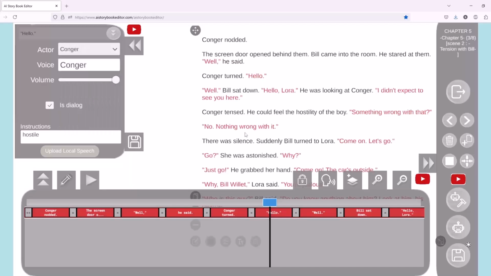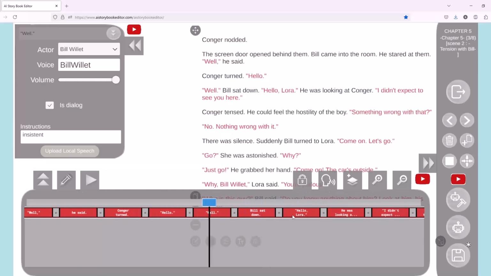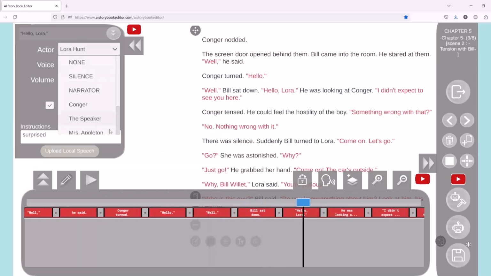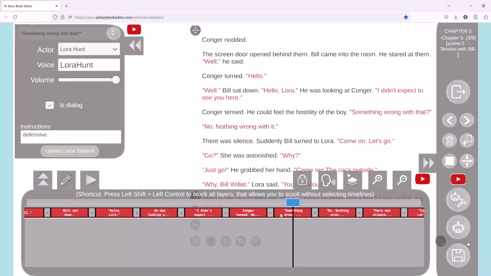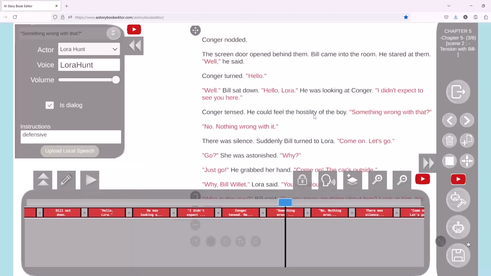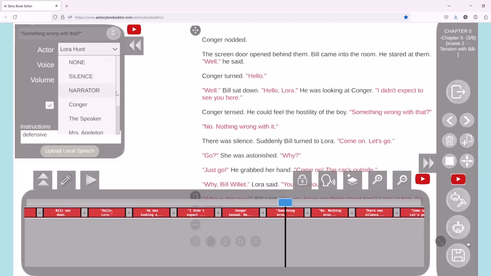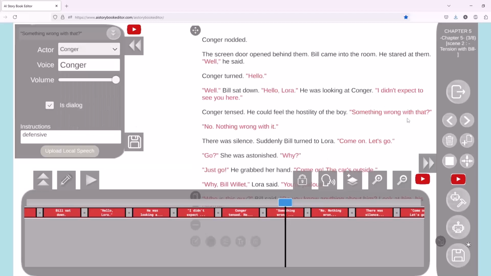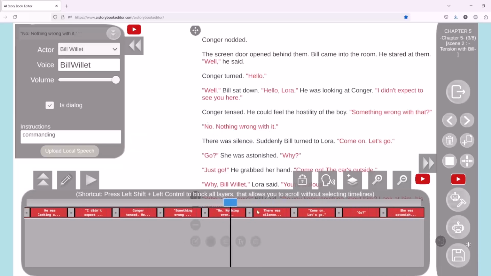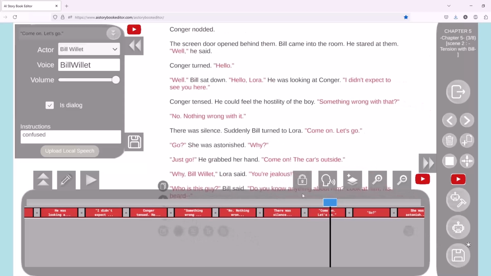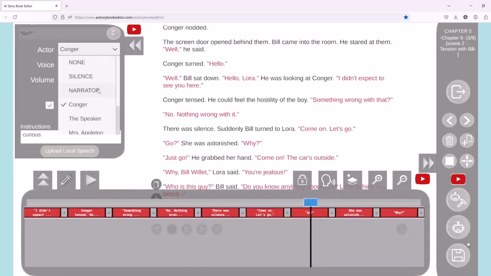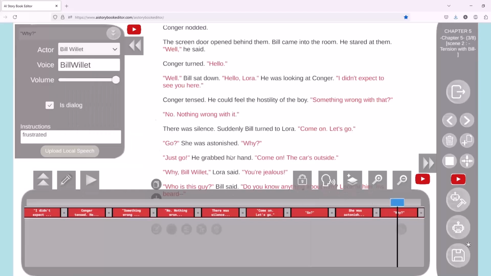Okay, this is Conger, Bill, and Bill. This is Conger. This is Bill, and Laura.